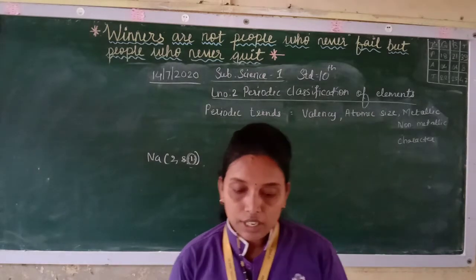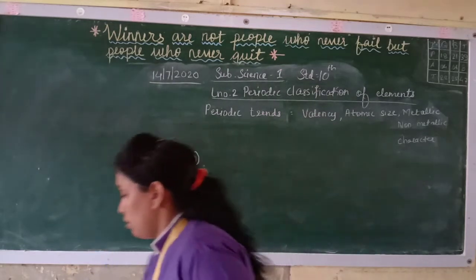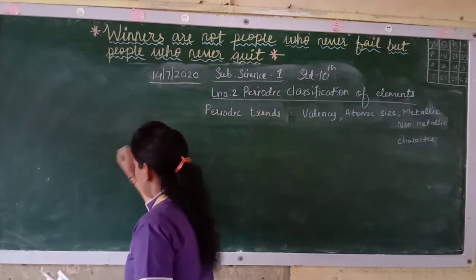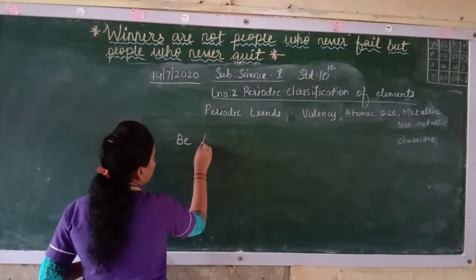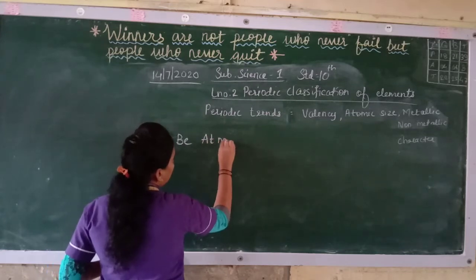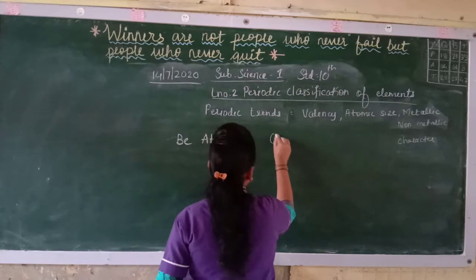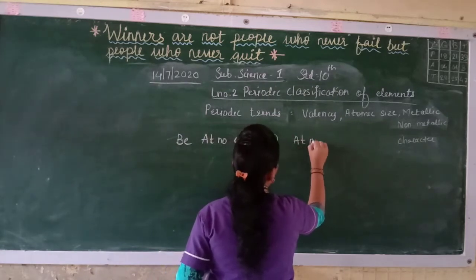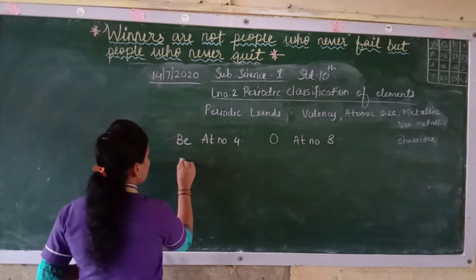For beryllium, atomic number is how much? 4. And the other is oxygen. For oxygen, atomic number is how much? 8. Now you can write the electronic configuration over here.